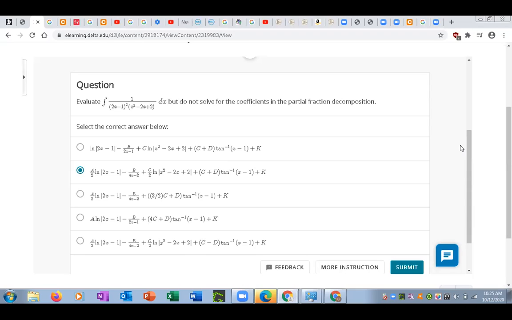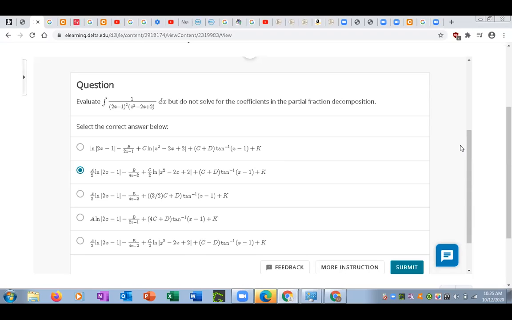Since we didn't solve for A, B, C, and D, that's not going to affect our problem. I think you wrote it down wrong. I think I wrote 2x plus 1 instead of 2x minus 1. But all of those 2x plus 1s would just turn into 2x minus 1s. Everything else is the same.